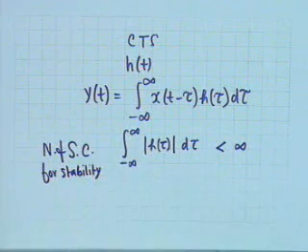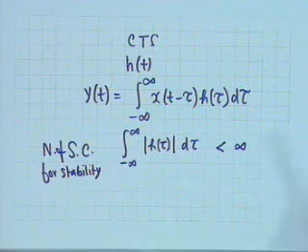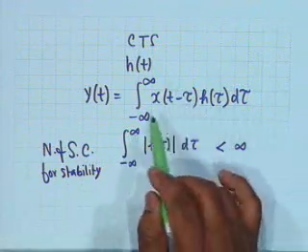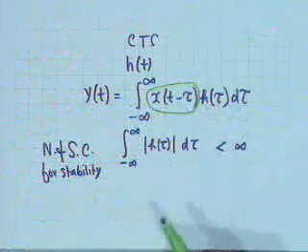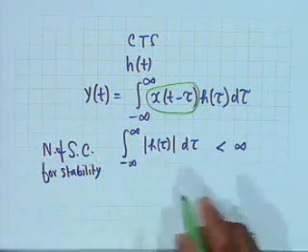Instead of deriving this again and again, let me simply point out how to do this. As usual, we take x of t to be bounded. Let us say mod x of t is less than or equal to L for all t.